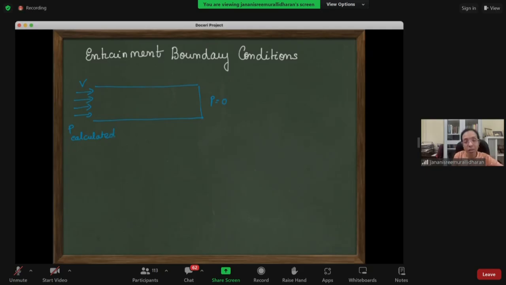Now, why is this a simple, good boundary condition? Go back to your Navier-Stokes equation. You have the momentum equation, which is the temporal term plus convective term is equal to a pressure gradient term plus diffusive flux plus source term, right?